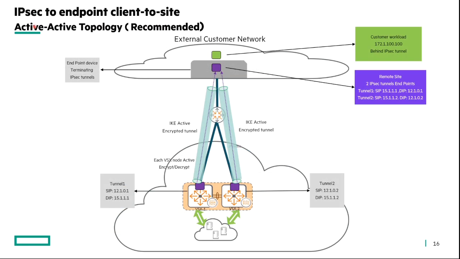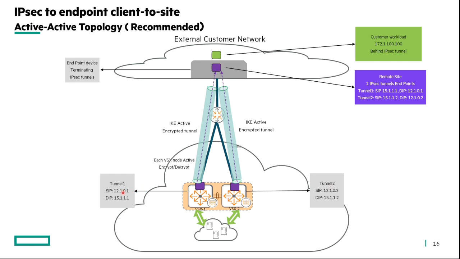Taking a look at the topologies for active-active, this is generally the recommended option should it be available. Assuming both endpoint devices can support active tunnels, this is the way to go. We've got tunnel 1 on VSX switch 1 and tunnel 2 on VSX switch 2.